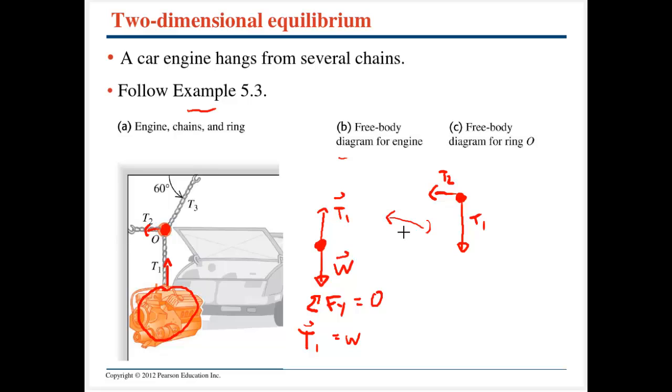The T1s are an action-reaction pair, so the tension in T1 from this engine free body diagram is equal to the tension 1 on that free body diagram. And lastly, we have T3, which kind of comes off at an angle right here.